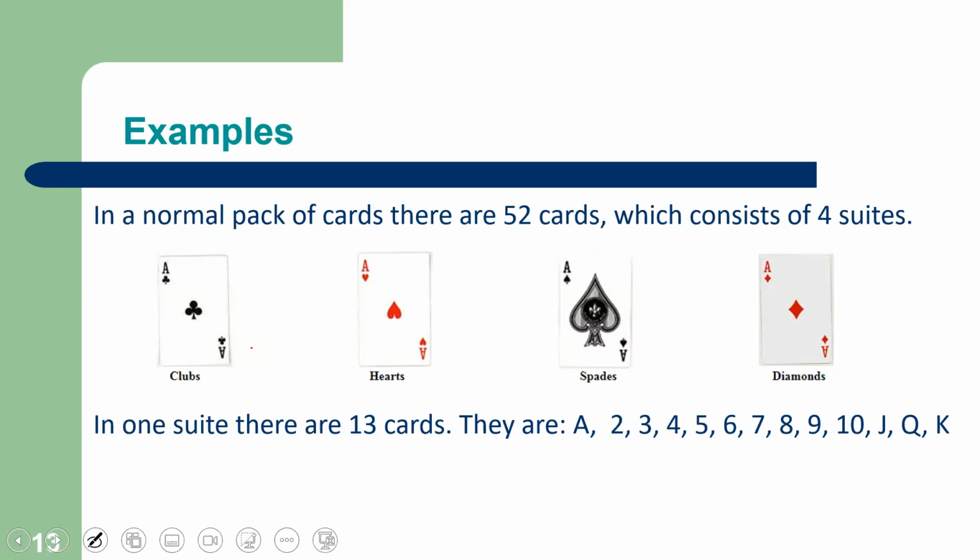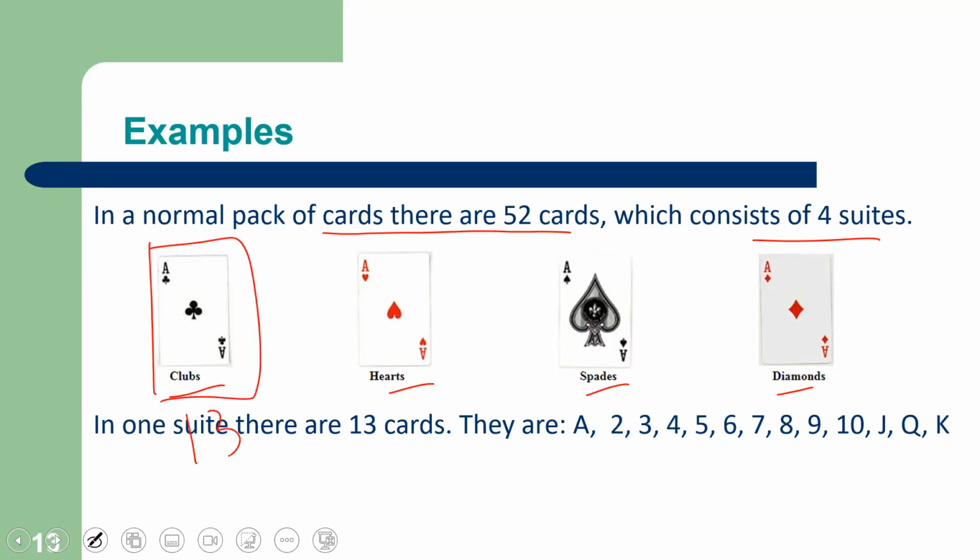Generally in a pack of cards there are 52 cards, with four suits: clubs, hearts, spades and diamonds. In every suit there are 13 cards, from A to 10 and the additional cards Jack, Queen and King.